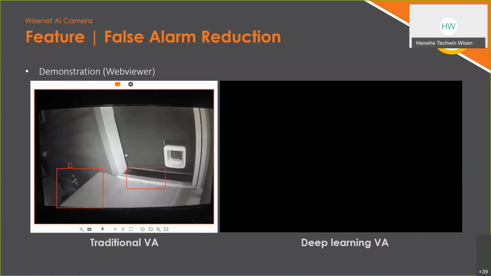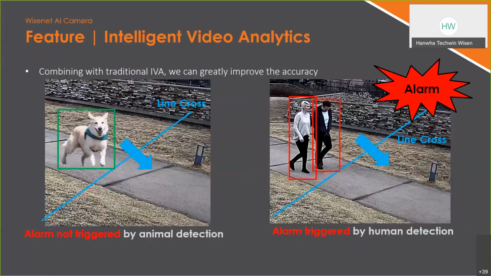Also you can use this AI feature with intelligent video analytic, which means line crossing or some virtual area analytic. So for example, if you draw the line and you set up the video analytic, and if a dog crosses the line, there will be no alarm. But if a person crosses the line, there will be an alarm.